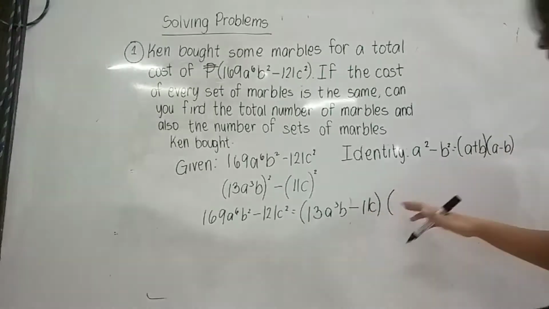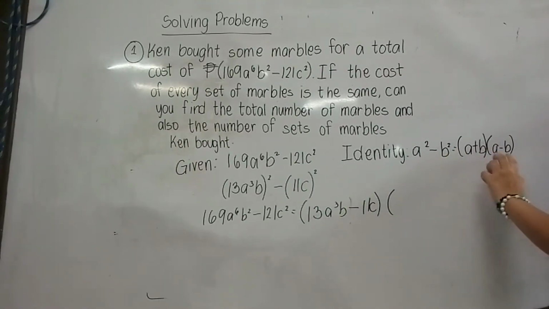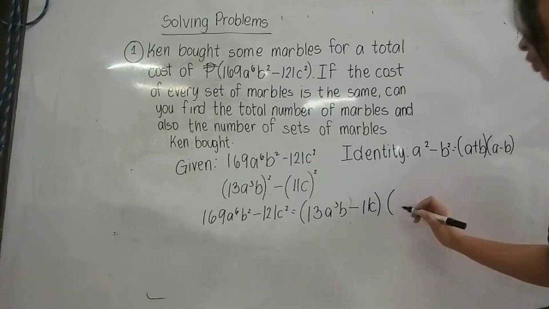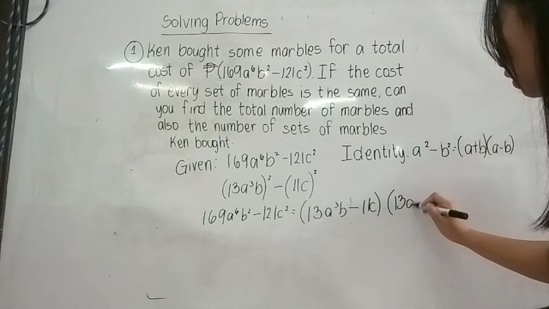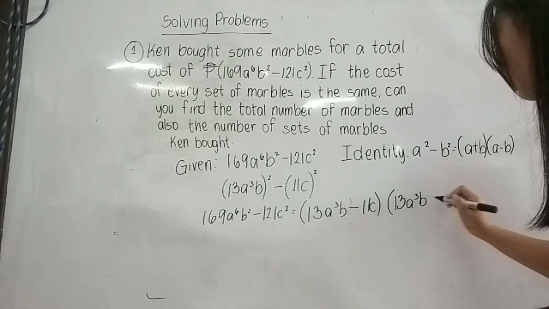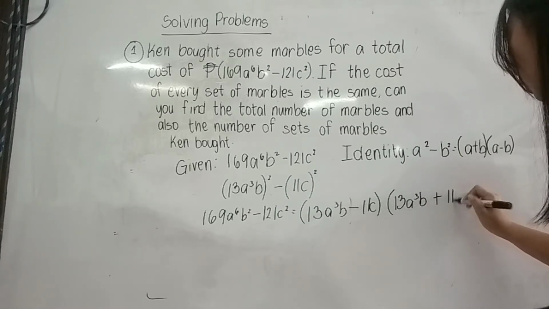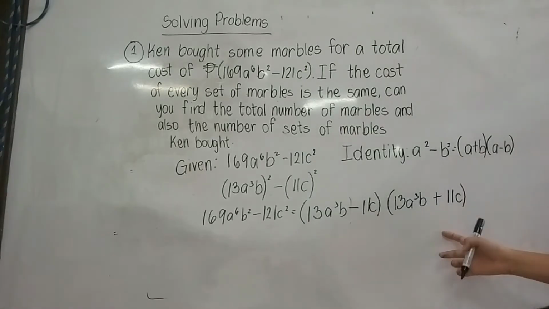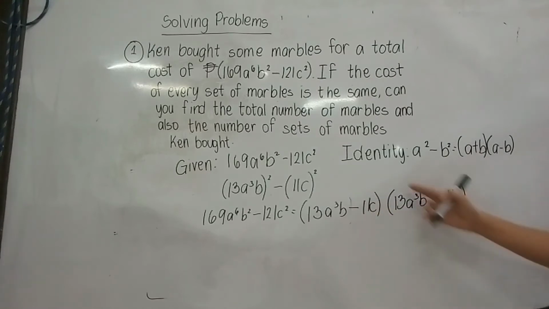And syempre, meron pa isa, di ba? Addition and subtraction tayo. Pwede silang magkapalit. So, meron naman tayong 13a cube pa rin, b, plus 11c. Ito na yung magiging factor natin.